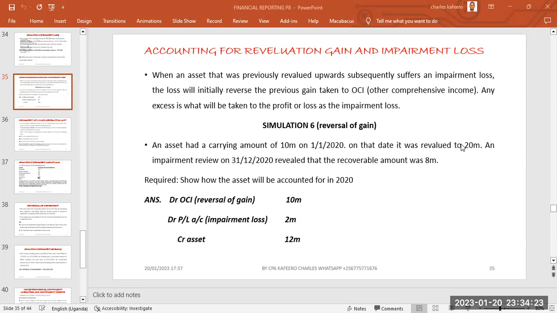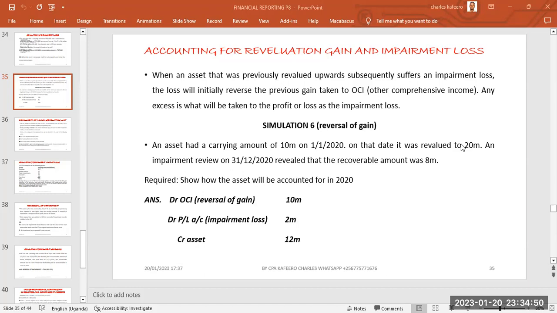So now we are seeing that we have that revaluation gain of 10 million, because it will be the 20 million minus the 10. So that gives us that difference of 10 million as the gain. And how we record these gains, we always debit the asset because the asset is increasing in value.